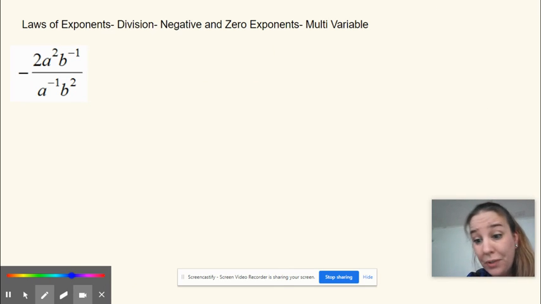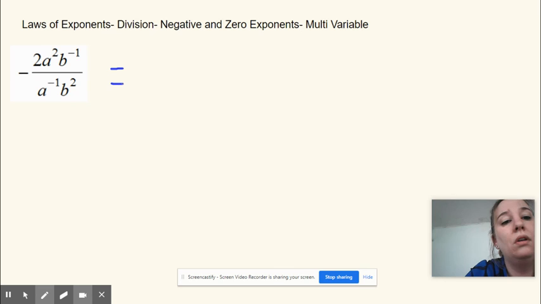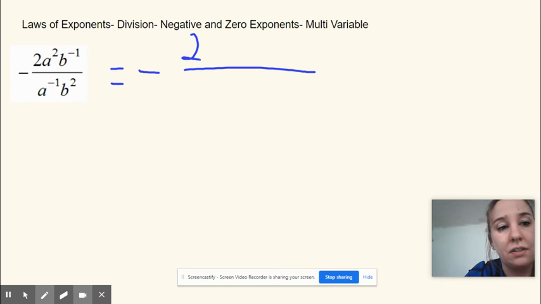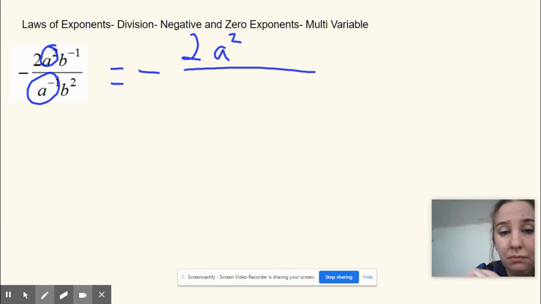This might look super scary, but you're just moving stuff and adding stuff. Don't panic. So here we go. The whole thing is negative, nothing special there. That 2 is a coefficient and just comes over because there's nothing else. Let's deal with our a's first, going alphabetically. This guy is cool where he is, and this guy is not. So we change its location to make it happy and positive.